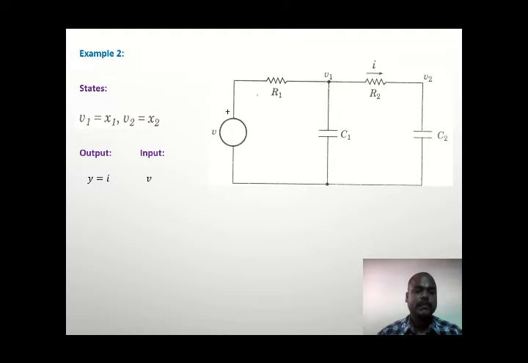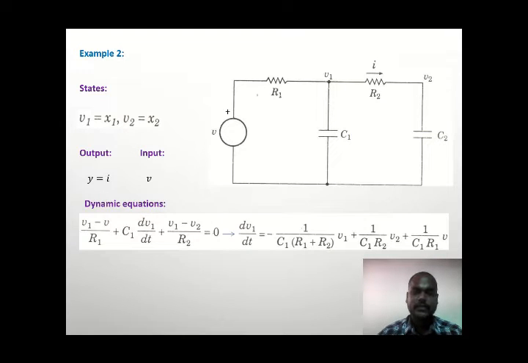We have defined our states as V1 equals x1 and V2 equals x2. The input is this supply voltage V and the output is y, which is the current flowing through the capacitor C2 via resistance R2.